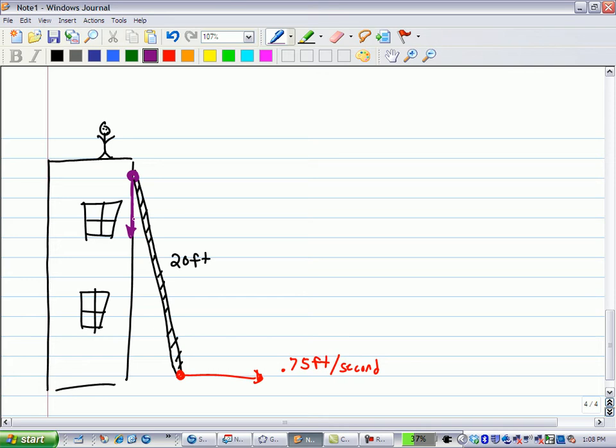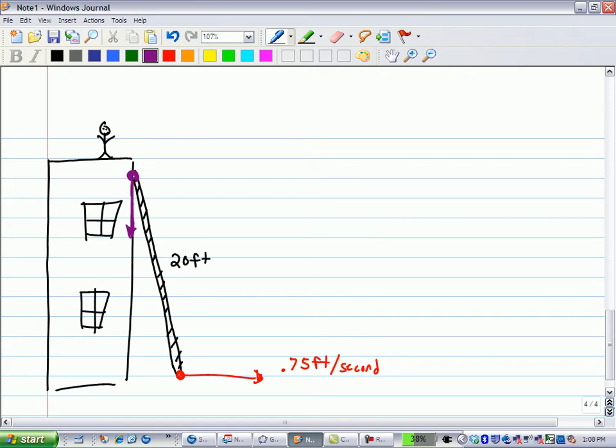That's the question. Can you ask it again, Hannah? Would the top of the ladder be falling down at the same rate as the bottom of the ladder would be sliding out? Yes. No, it's a different rate. That's the fundamental question. Would the top of the ladder be sliding down at the same rate as the bottom is going out?